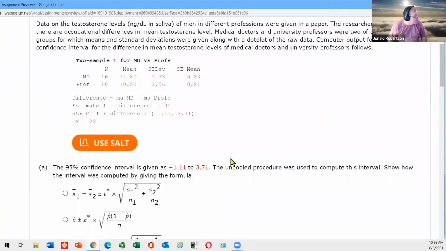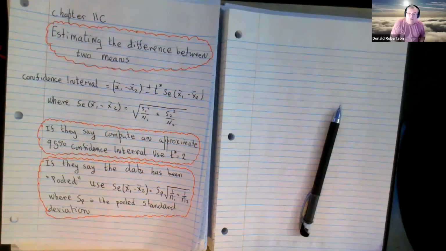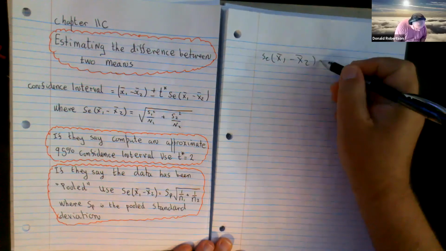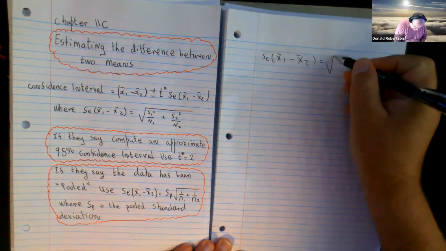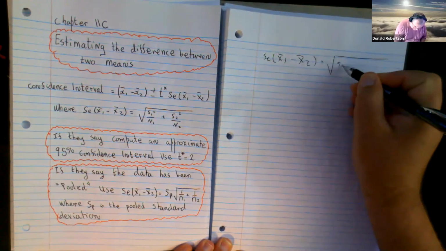So if you know the standard deviation of these two, we can calculate the standard error of x1 bar minus x2 bar. And since I couldn't use that Salt button because it wasn't set up the way I need it to be, although I've got a feeling I could fix it, the formula we're going to use is this one.